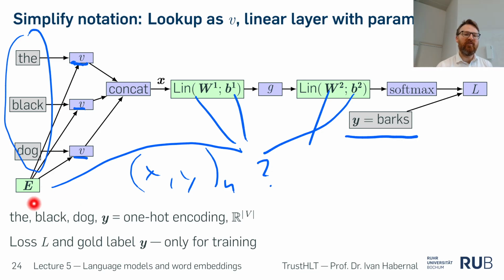The embeddings are just random vectors. The, black and dog will be as random as any other word in this embedding matrix. You compute the output, and it's going to predict, say, a sun, which is completely not the word barks. So you backpropagate and update the parameters, including the embeddings.